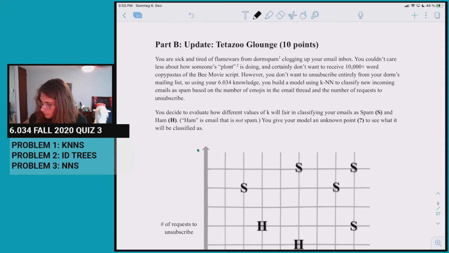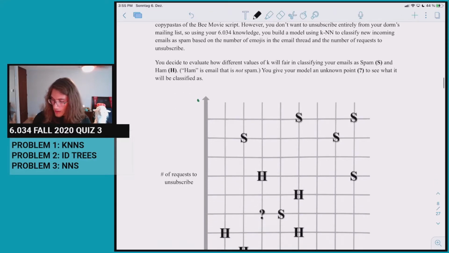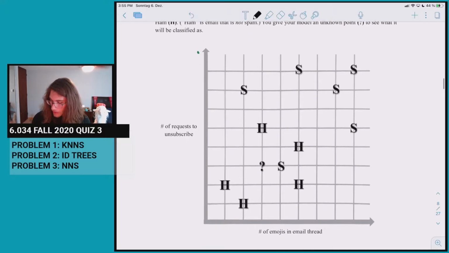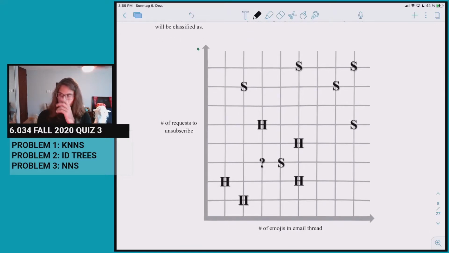Okay, so let's see. Feel free to pause and read the prompt. I'm just going to jump straight in because I know this is a KNNs problem in which we're going to be asked to classify this point according to different values of k.